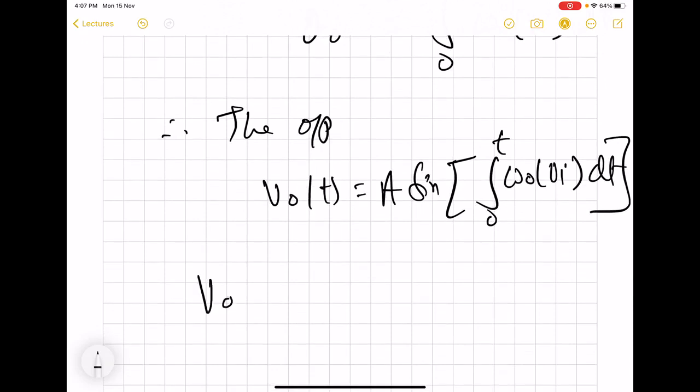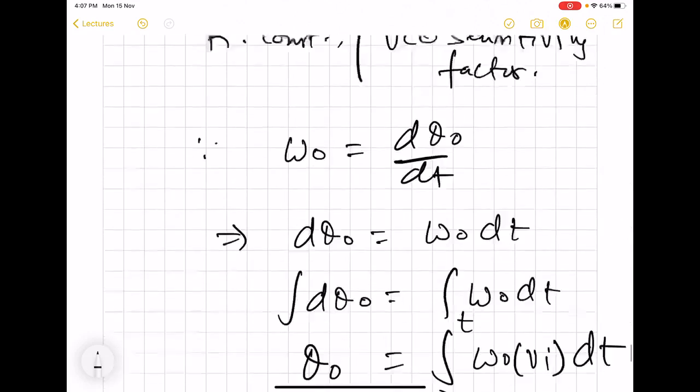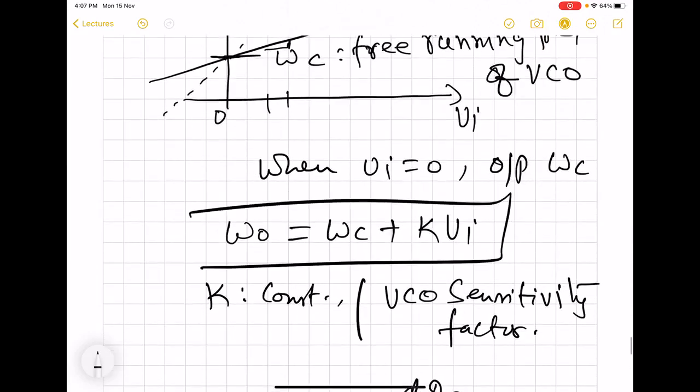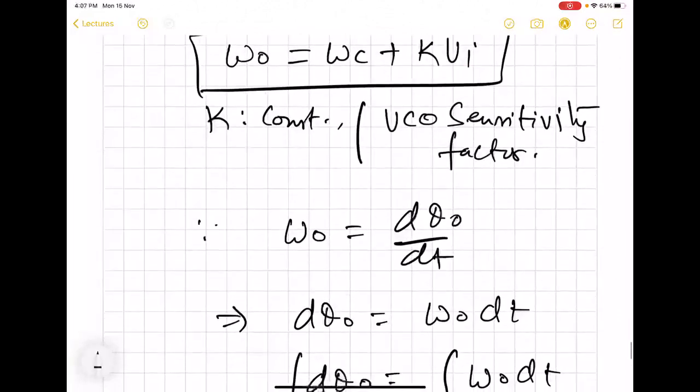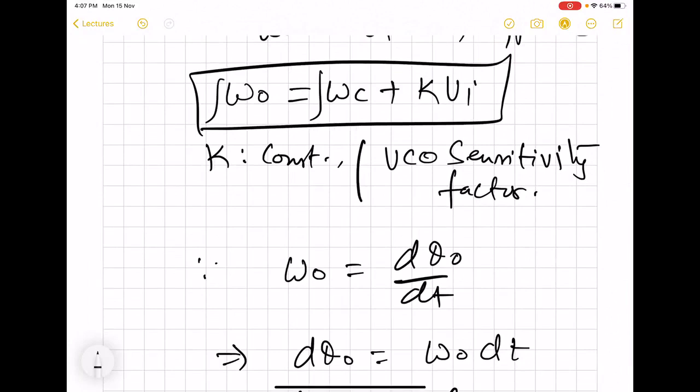And we have already seen the equation that omega naught will follow for this VCO, given by this equation. So we can rewrite this. We have to integrate this whole thing, and since this omega c is constant, this will simply become omega ct plus k into the integral of Vi with time.